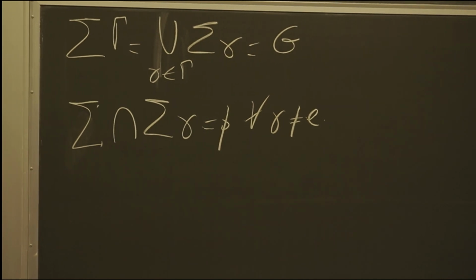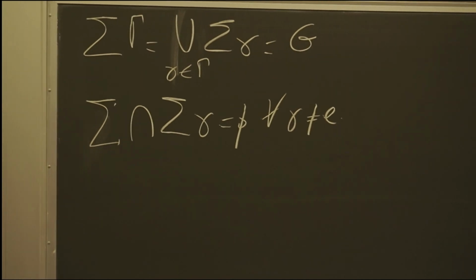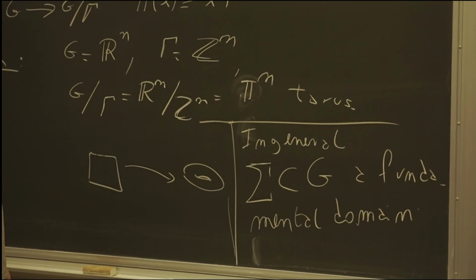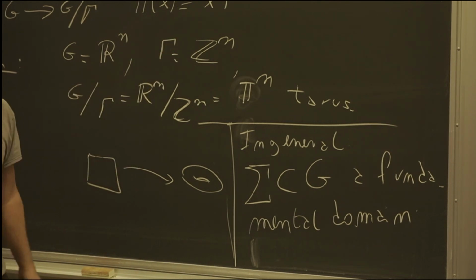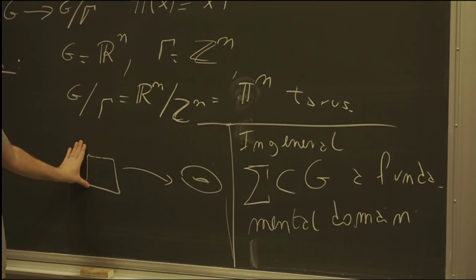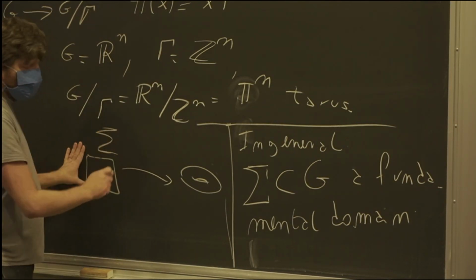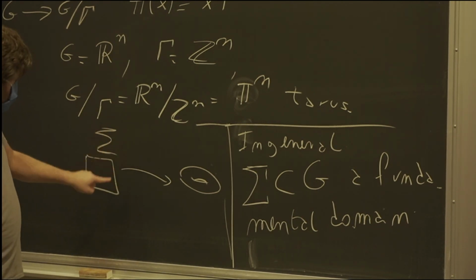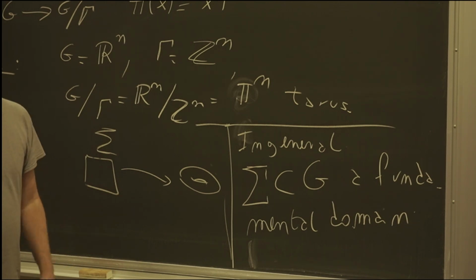I'm not going to discuss, unless it's really necessary, the geometric properties of sigma. So here in this picture, this fundamental domain is the square. It's a beautiful fundamental domain whose boundary is these piecewise segments, which make it beautiful.